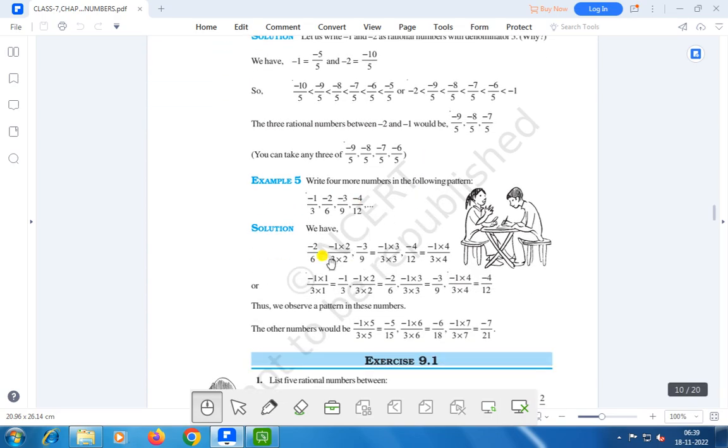Write four more numbers in the following pattern: minus 1 by 3, minus 2 by 6, minus 3 by 9, minus 4 by 12. Minus 2 by 6, if you multiply, can be written as minus 1 into 2 by 3 into 2, that is minus 2 by 6.